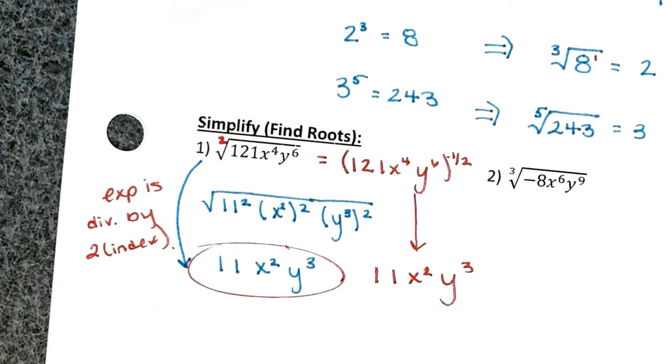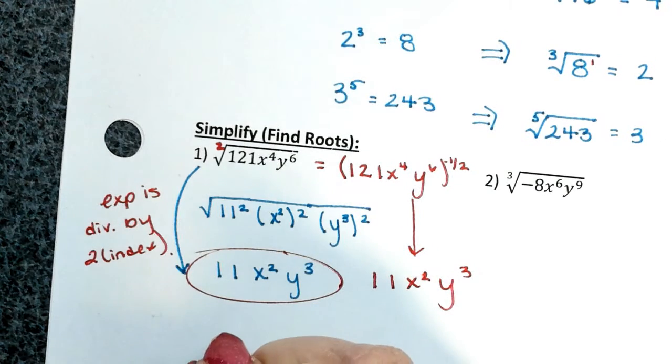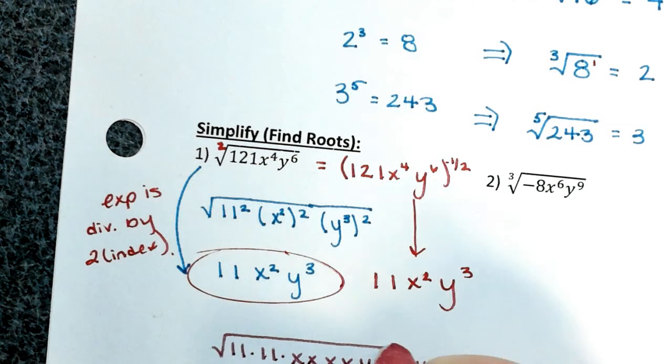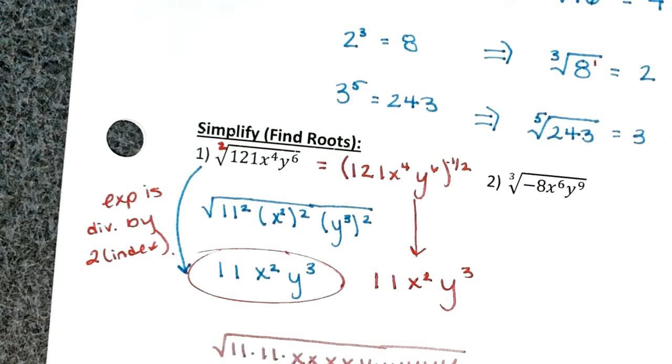Okay. Other people like to expand it out. So let me do a third color here. You could write it from the beginning as 11 times 11 times 4 x's and 6 y's.